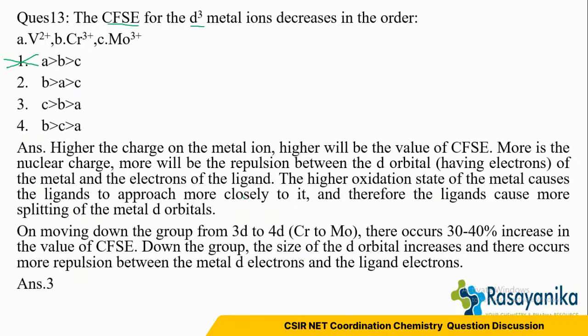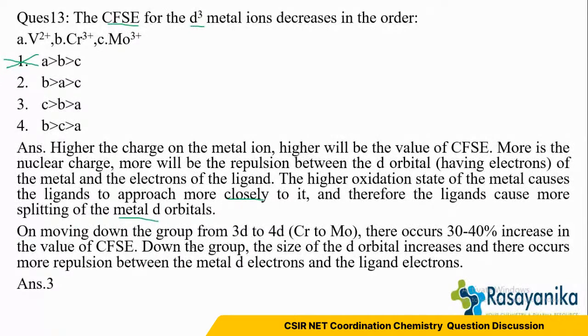The higher oxidation state of the metal causes the ligands to approach more closely to it, and in turn they are repelled by the electrons which are present in the d orbital. Therefore the ligands cause more splitting of the metal d orbital. So the gap between the t2g and eg increases.